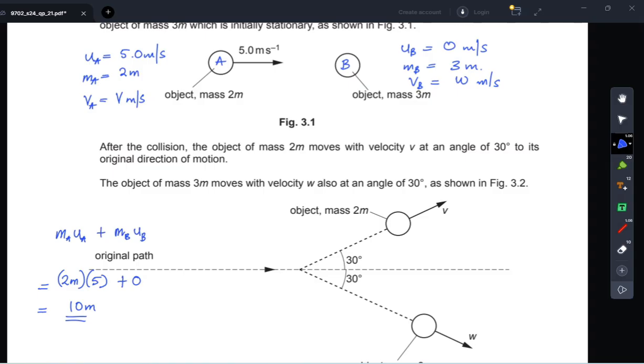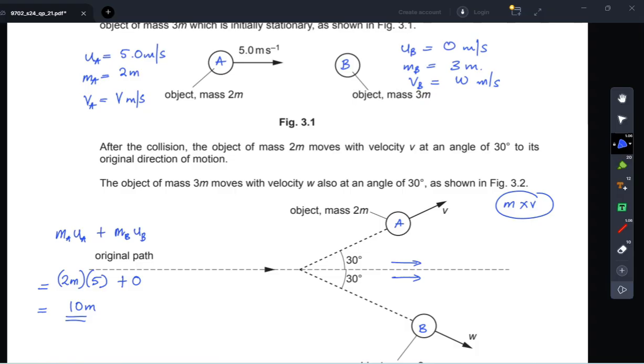And then after collision, this is object A and this is object B. We need to resolve the momentum of object A horizontally and vertically. So we have two momentums, the momentum of A and the momentum of B. Remember momentum is mass times velocity.